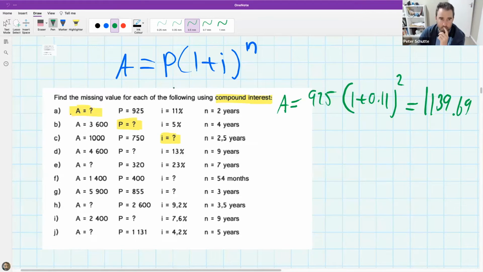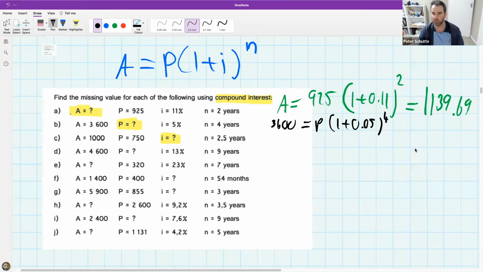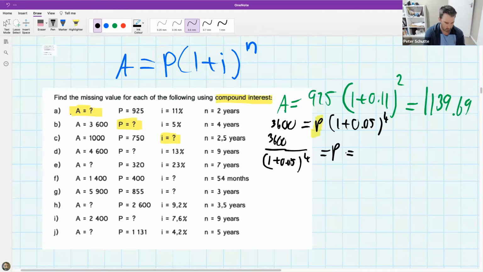What about the next one? It's a little bit different. What is the p-value going to be? The p is a bit stuck over here, huh? But what we could do is we could bring all the other stuff across to get what p is.